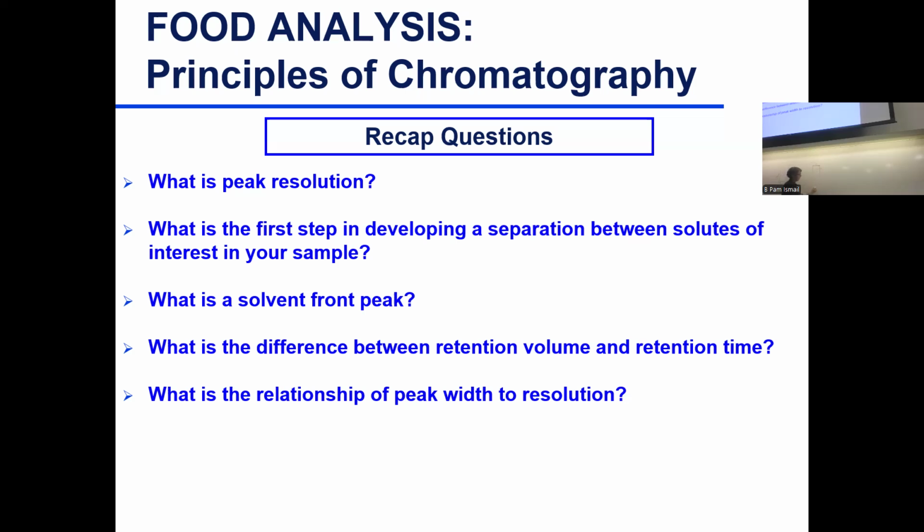It has multiple equilibriums that happen. And the peak width is really proportional to this equilibrium. So if you have a lot of diffusion, if the sample diffuses over like this area, the peak widens. Because now it takes longer time to come out because it's diffused.